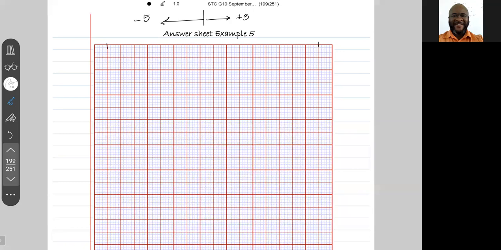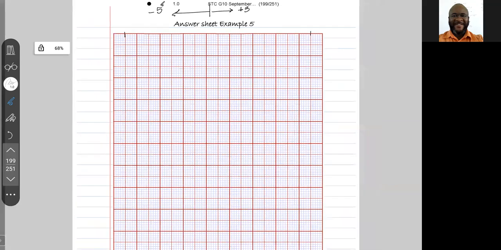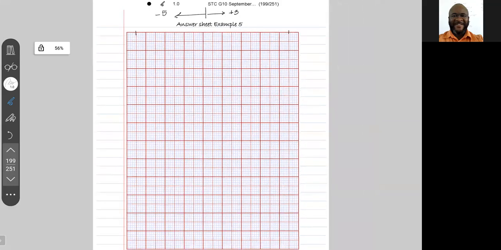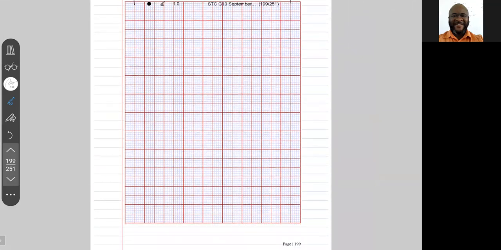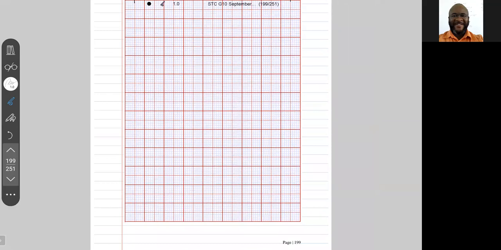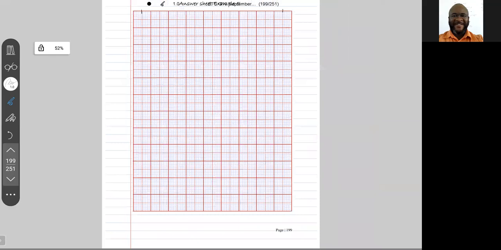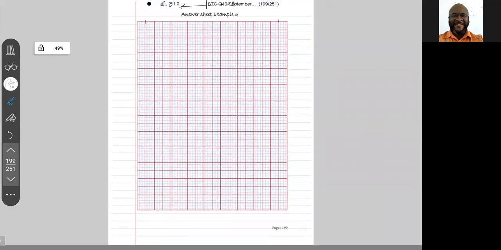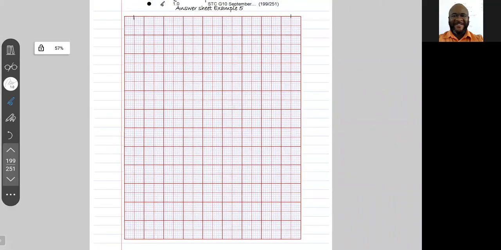So what I'm going to do is take 11, calling the left margin 0. I'm going to count 11 centimeters.